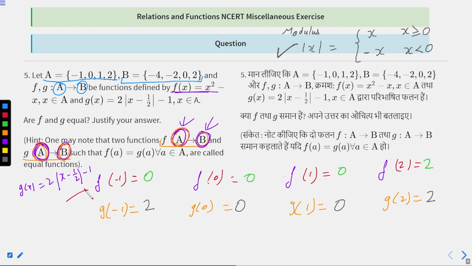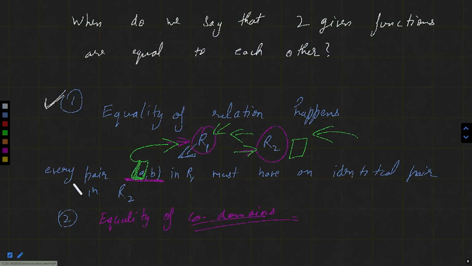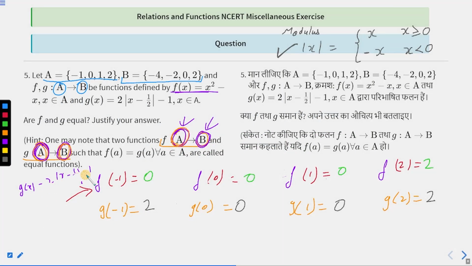So now, as you can see, if you try to put this in terms of relation, let me clear.